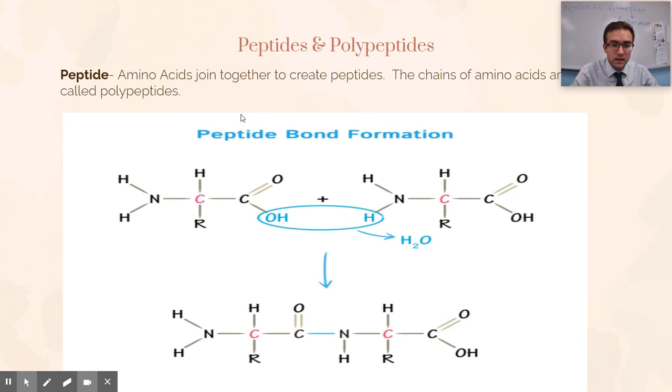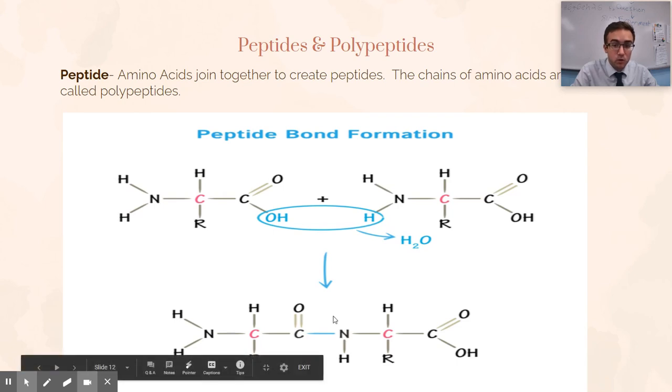So we have two amino acids, two monomers right here, go through dehydration synthesis, and they form a peptide. This bond between the carbon of the carboxyl group and the nitrogen of the amine group creates the peptide bond. This is called a peptide.